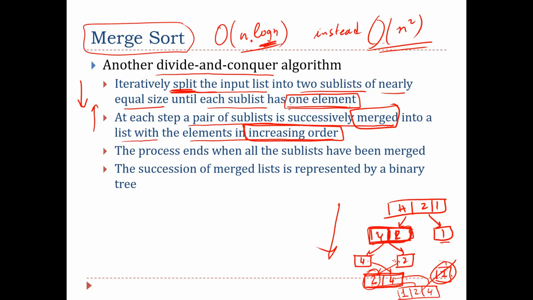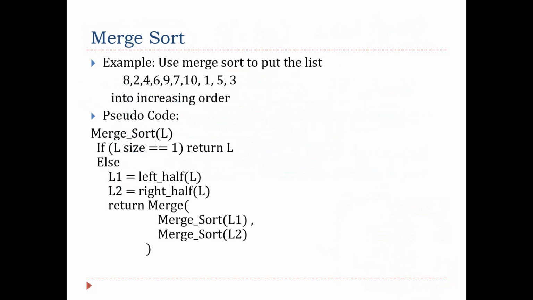We will have a more elaborate example on the next couple of slides. The process ends when all the sublists have been merged, and the succession of the merged lists is typically represented by a binary tree, as I did here on this tiny example. So let's see how this works on a larger example.